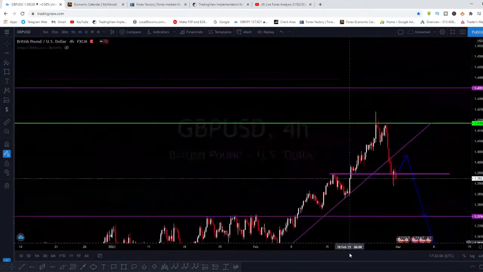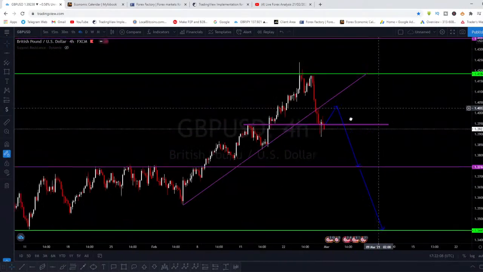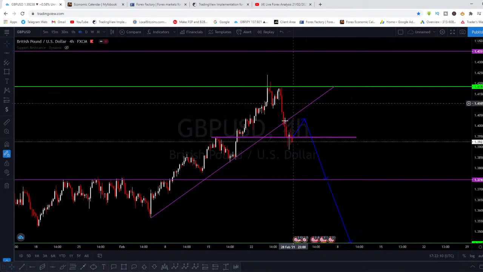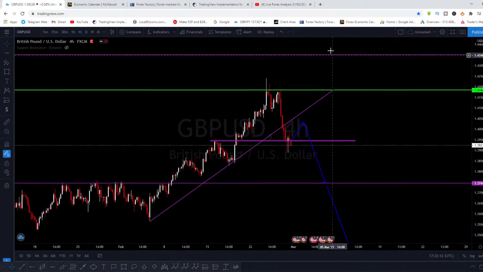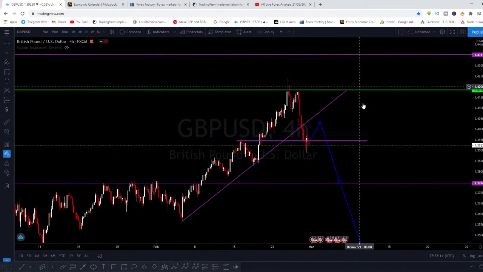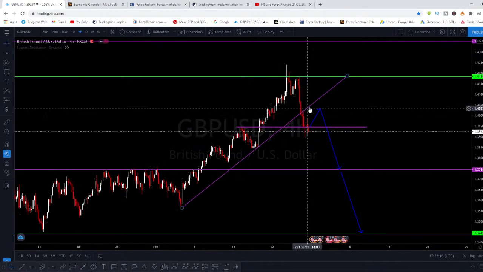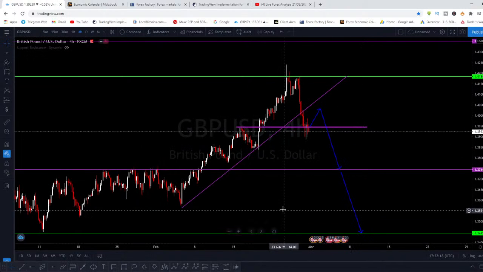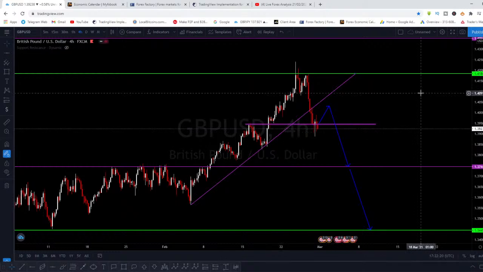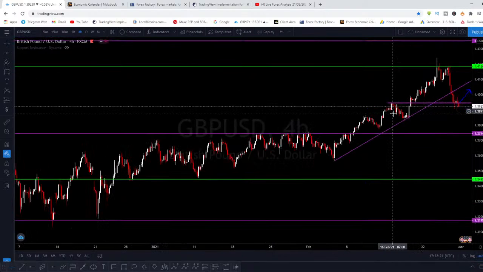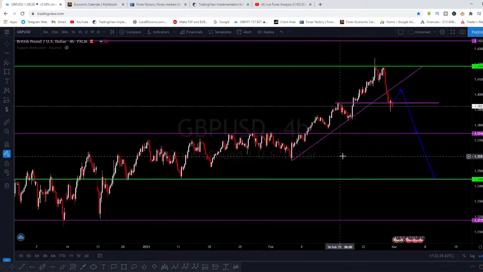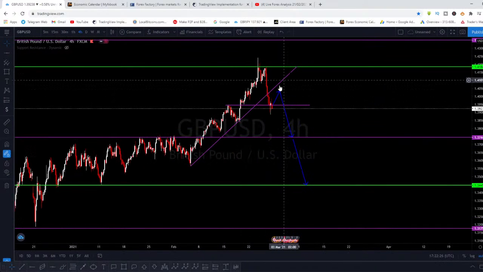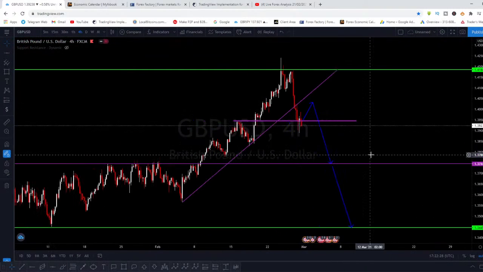So that will be the next target if the market tends to go back up again to the upside. But as of now, wait for the market to finish all of this selling opportunity or retracement before you expect it to go back up to the upside, guys. That's what I'm saying on GBP USD.